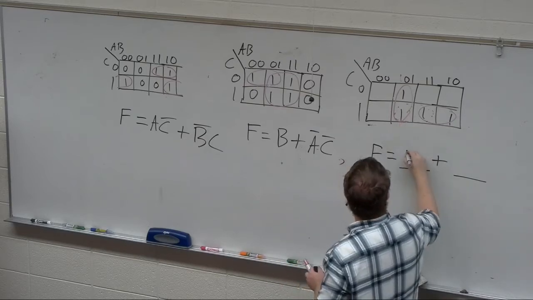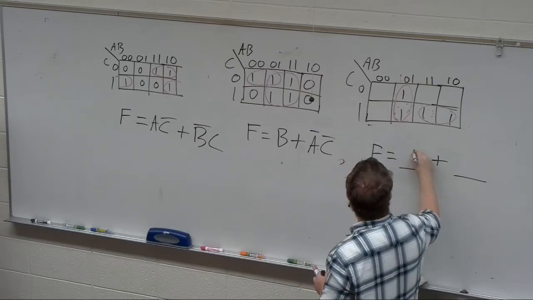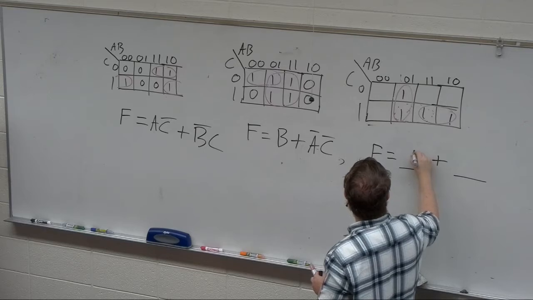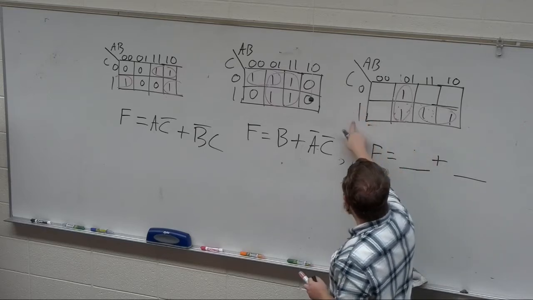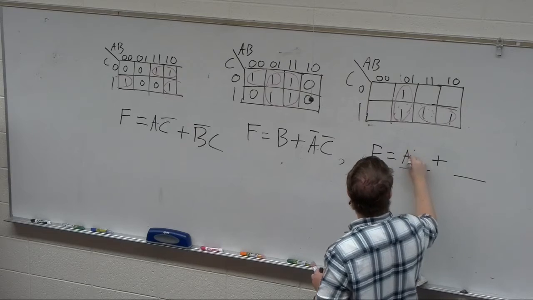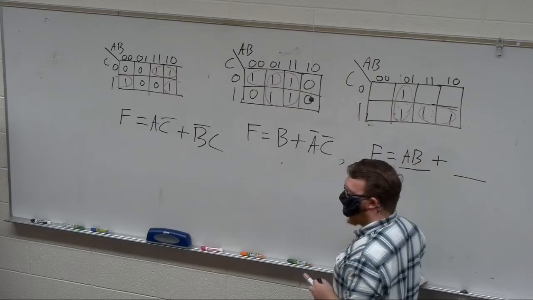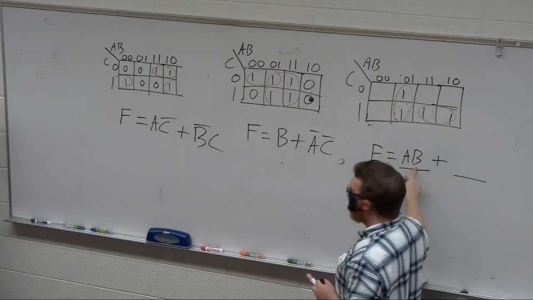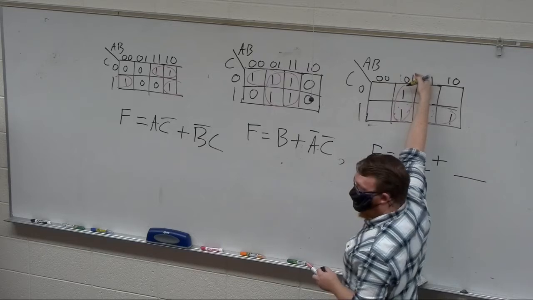B. And what else? C changes. So A and B don't change, right? So this is A and B, because A and B don't change vertically.